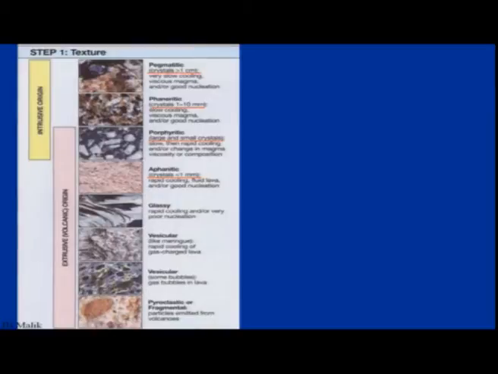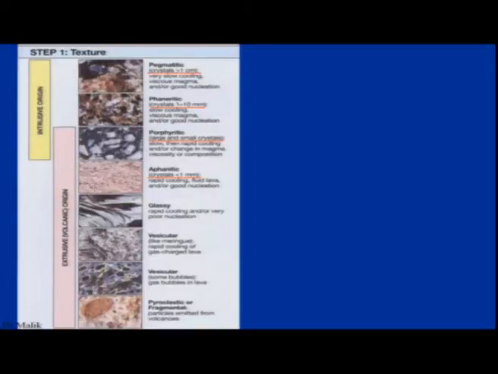Aphanitic texture has crystals less than 1 mm, from rapid cooling of magma. Whereas in porphyritic, let us go slow: initially there is slow cooling, which results in the formation of larger crystals, then there is rapid cooling, probably because of a change in the magma viscosity or composition. So they will have different compositions here, and that is why it results in the formation of larger and smaller crystals.